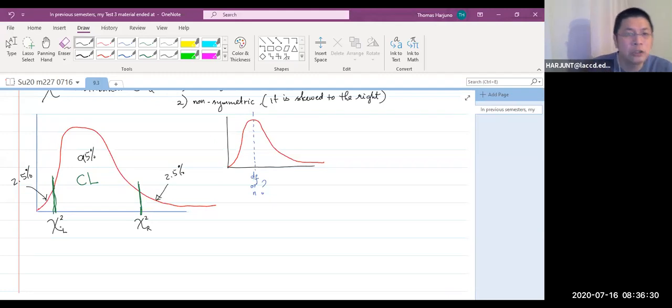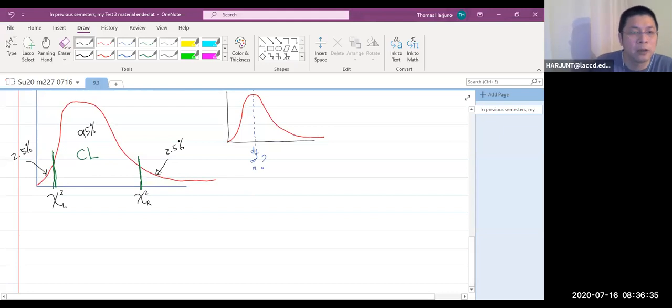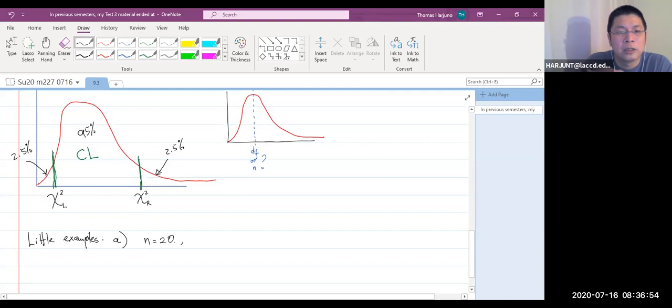Now, let's learn to find this critical value first. So, little examples. Let's say part A, we have a sample size of 20, and the confidence level is 95%.